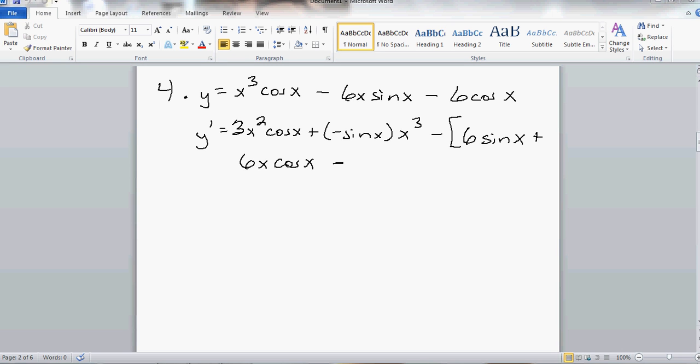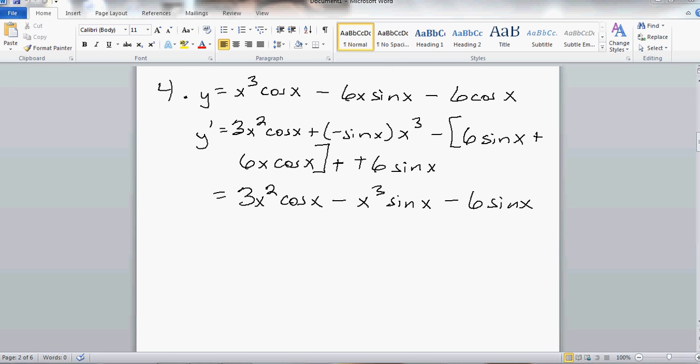So the derivative of 6 cosine x is negative 6 sine of x. So let's see what all I can simplify here. This will equal 3x squared cosine x minus x cubed sine of x minus 6 sine of x minus 6x cosine of x plus 6 sine of x.